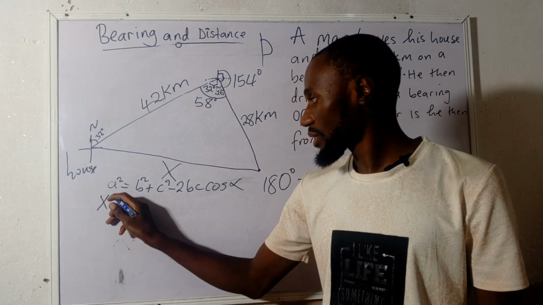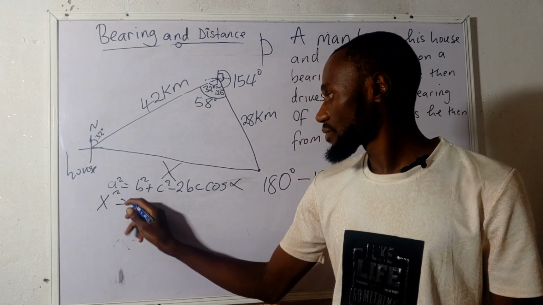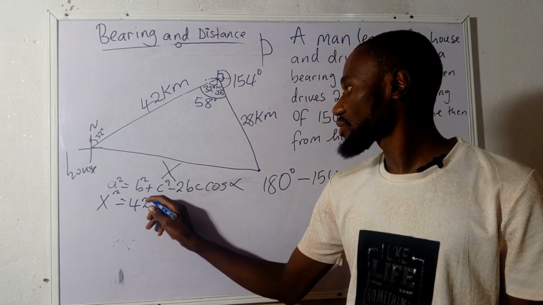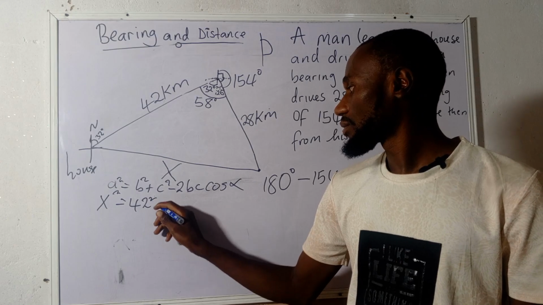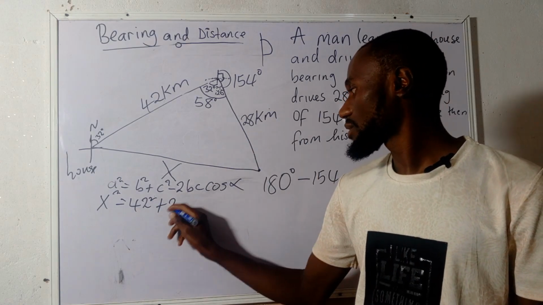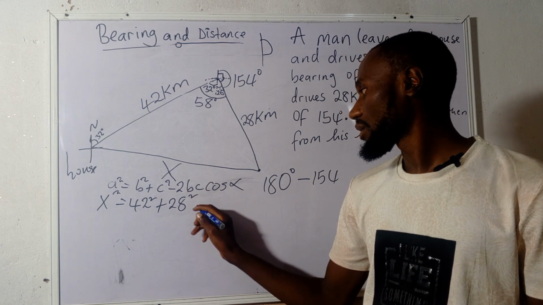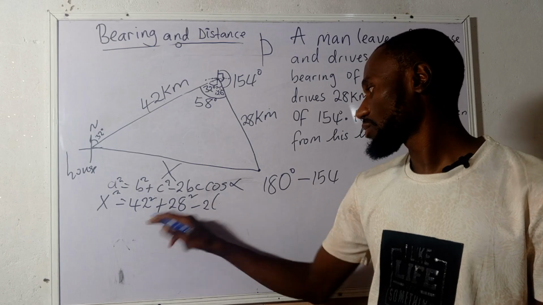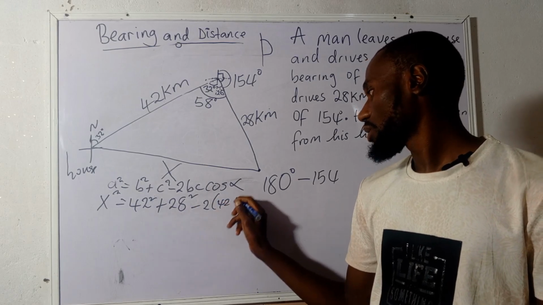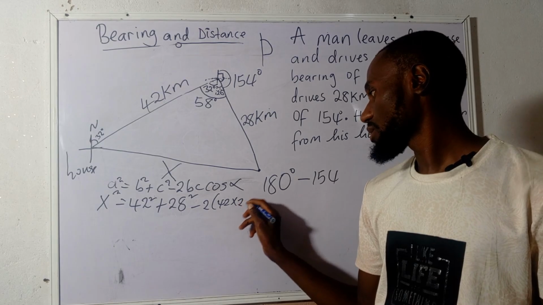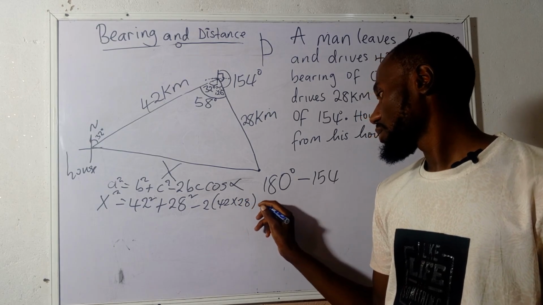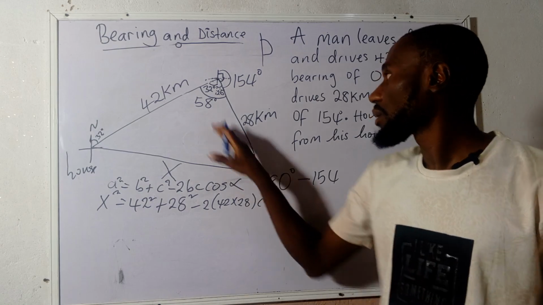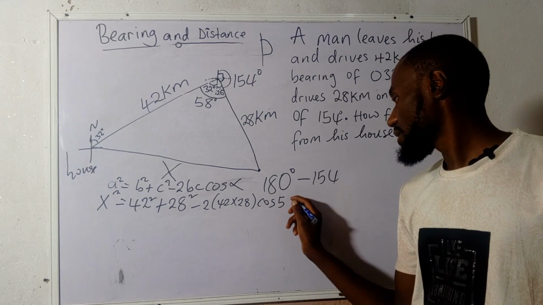This is x squared equals 42 squared plus 28 squared minus 2 times 42 times 28 multiplied by cos 58 degrees.